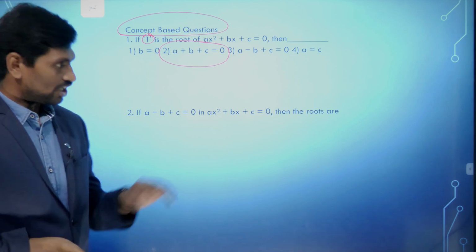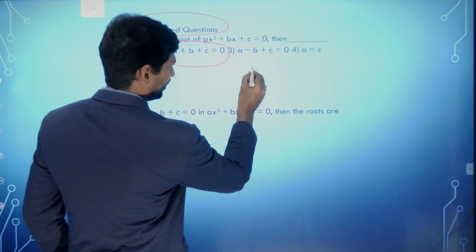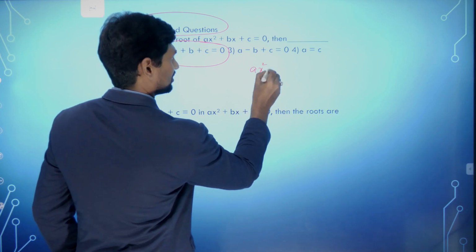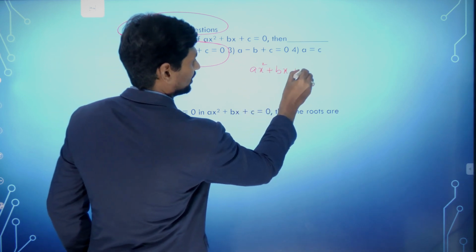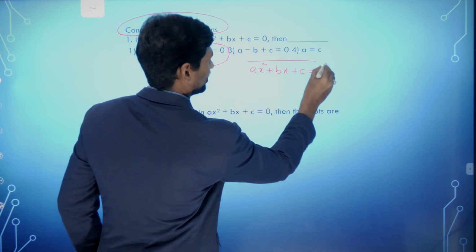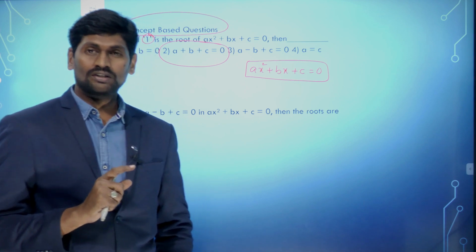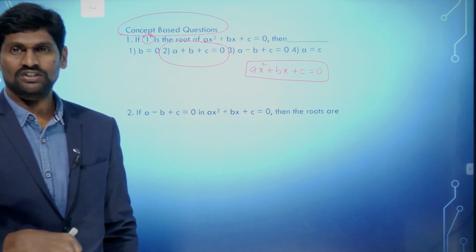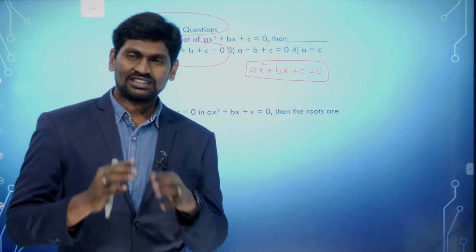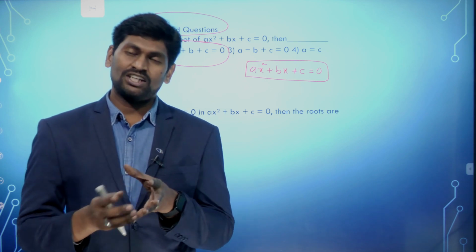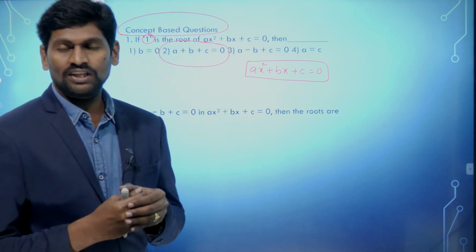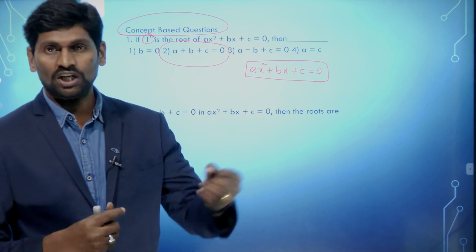Okay? Or else see how I am doing this. How the condition is satisfying like this. Actually, what is a root of a quadratic equation? We can call it a root or a zero of a quadratic equation. That means for some value, when the quadratic equation becomes 0, that value is called a root of the quadratic equation.